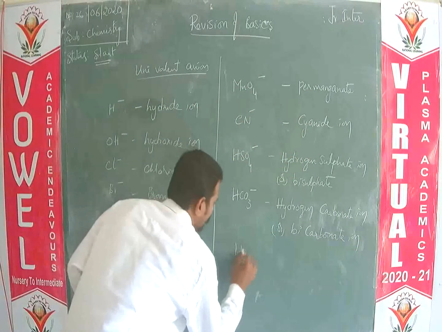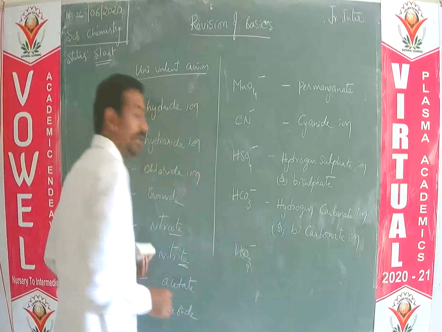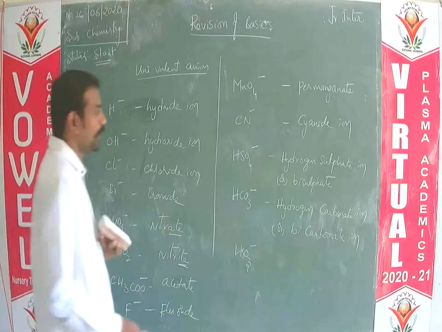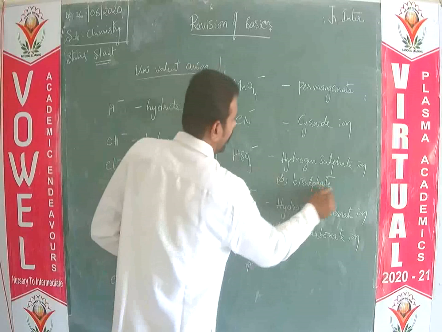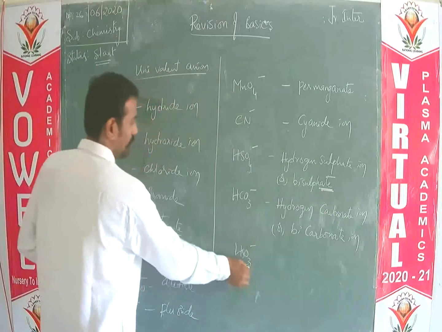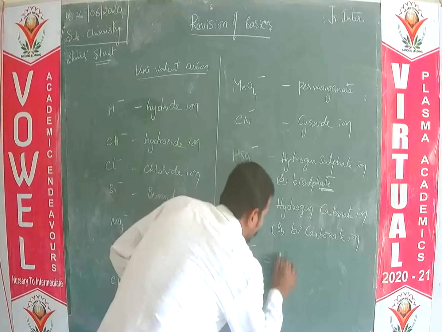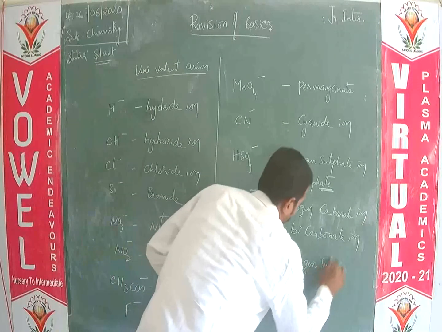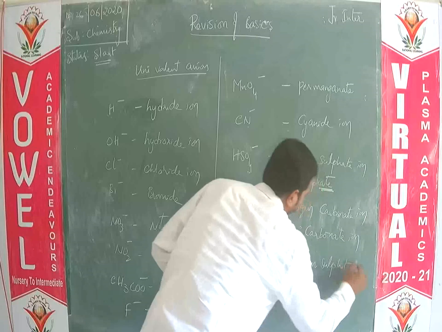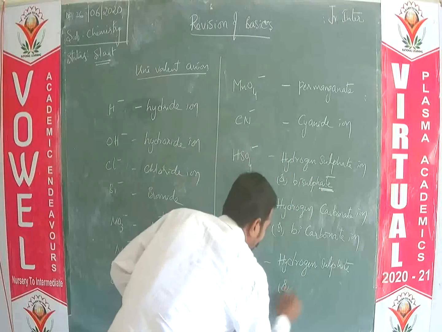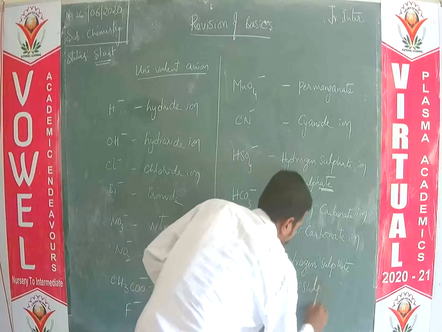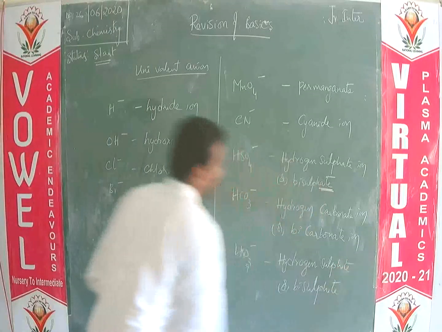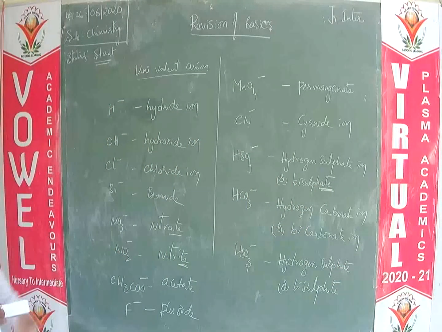Okay, next HSO3 minus. Compared to HSO4 minus sulfate, here one oxygen is less now. It is called hydrogen sulfite, or bisulfite ion. Okay, note down this one.